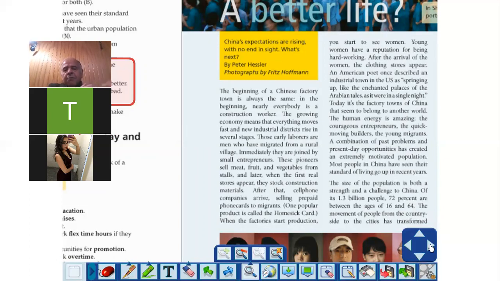But when they come with their families, they need products. What products? Basic products. So some people create stalls, that is to say, small shops, and they start selling basic products. Then when you have these people already having these products, they create big stores with construction materials.